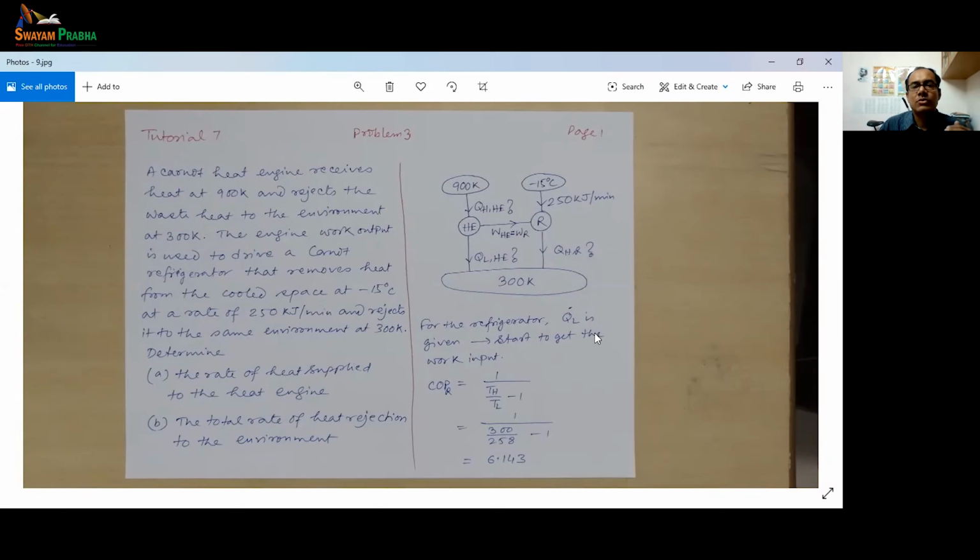That's why we could find all of them, and the heat interactions were the common link between these two devices, the heat engine and the refrigerator. So this gives us a comprehensive view of how to look at the Carnot cycles and how the different directions of heat interactions happen for a heat engine or a refrigerator.